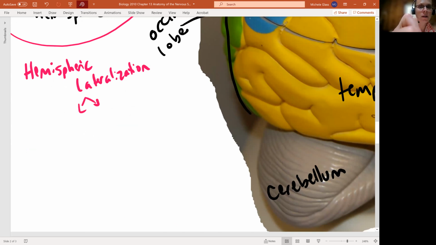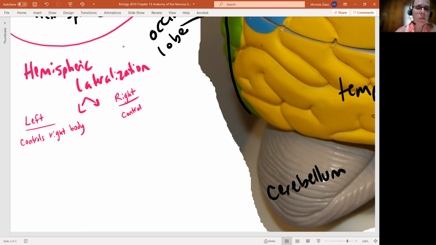This is talking about when we compare the left hemisphere to the right hemisphere, they're not mirror images of each other. They don't process exactly the same thing. There are some differences. One of the key differences is the left hemisphere controls the right body. So it's a cross. The right hemisphere is going to control the left body.